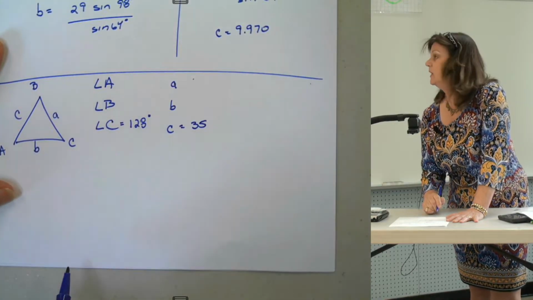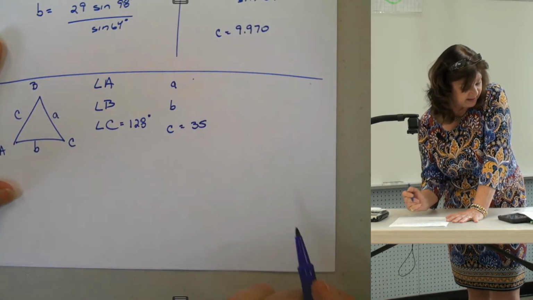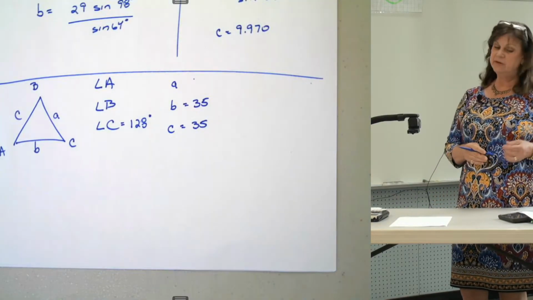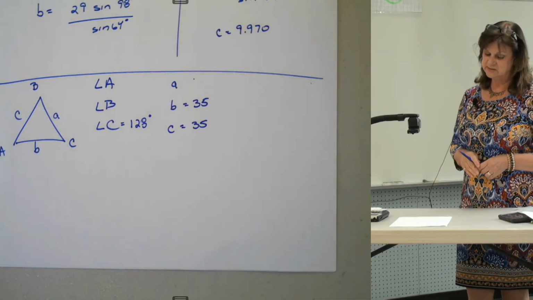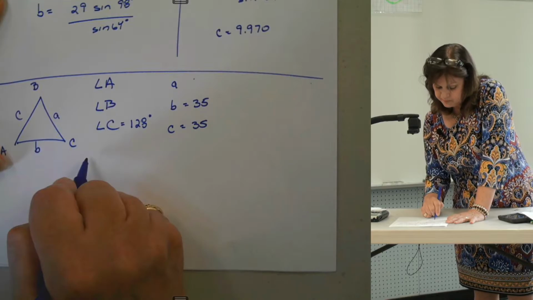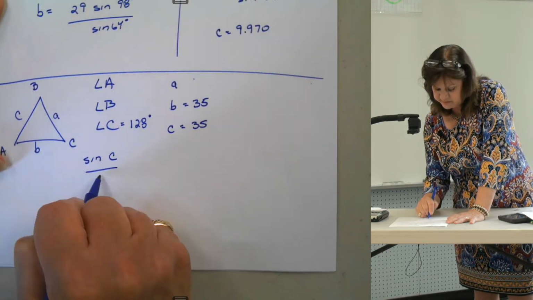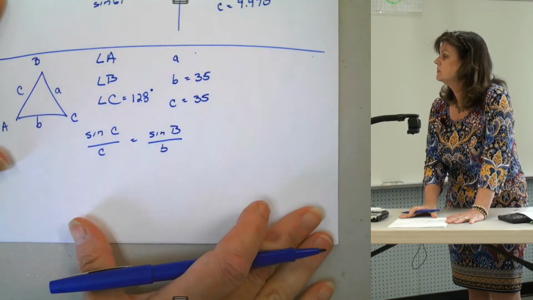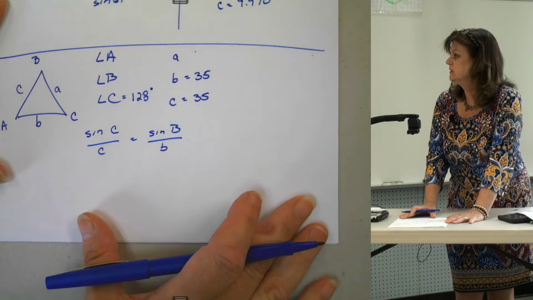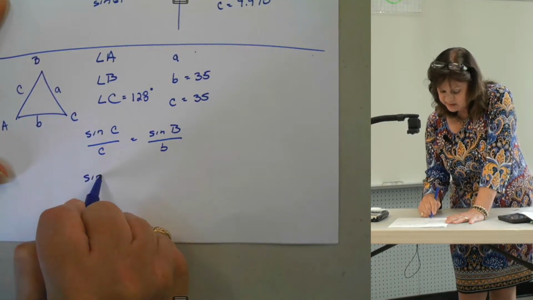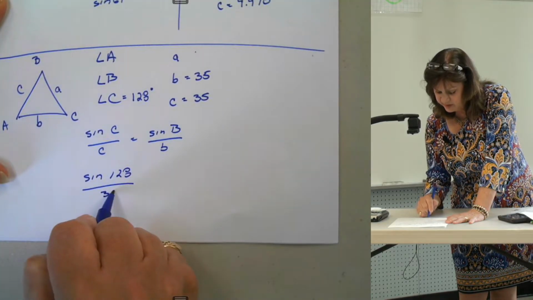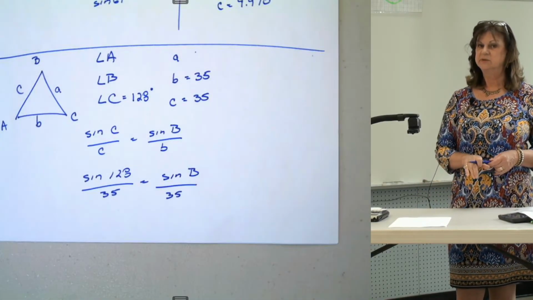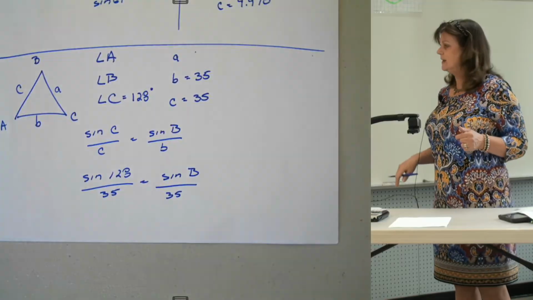We're not going to get any other angle measures, but we're told that side B is 35. So now you're going to have to use inverse to find what angle has this sine measure. So if we use sine C over C is sine B over B, some of you probably already see the problem, but in case you don't, let's just continue. So I've got sine 128 over 35 is sine B over 35.